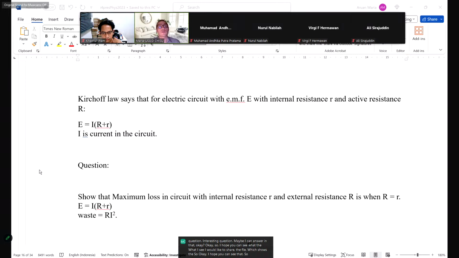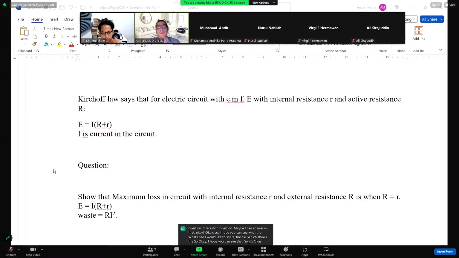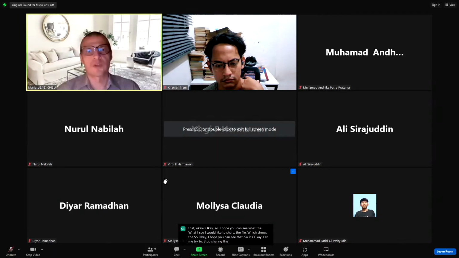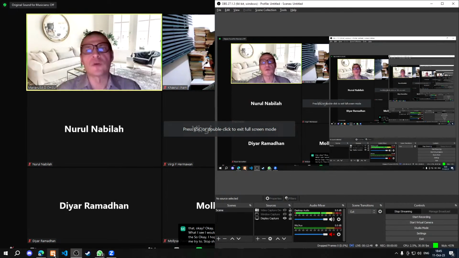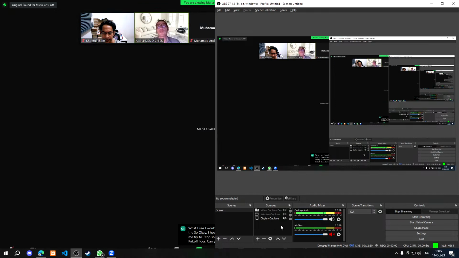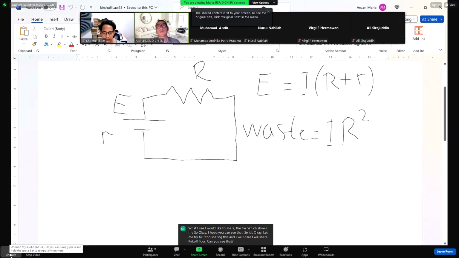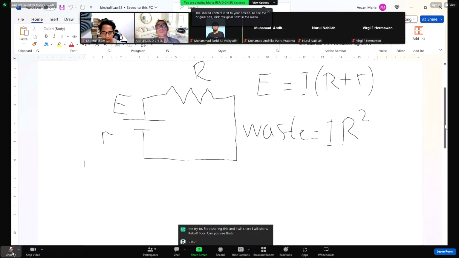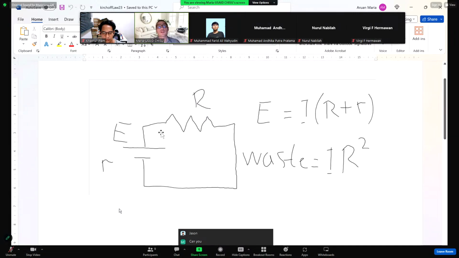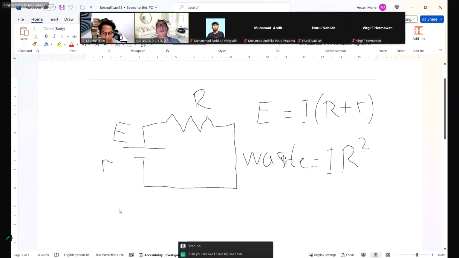So it's Kirchhoff's law. Okay. Let me try to stop sharing this, and I will share Kirchhoff's law. Can you see that, Kirchhoff's law? Yes, sir. Can you see like E, R big, R small, and then Kirchhoff's law? Can you see that?